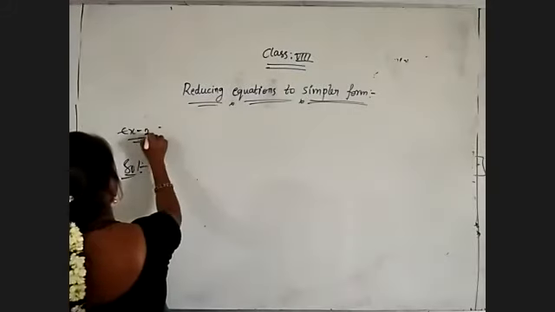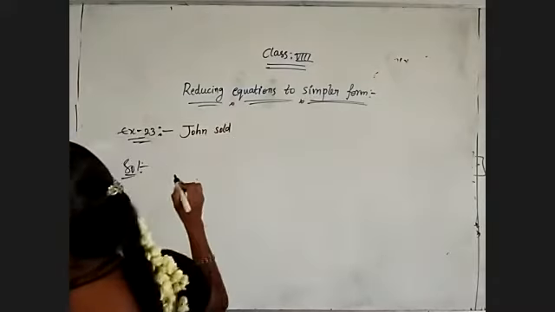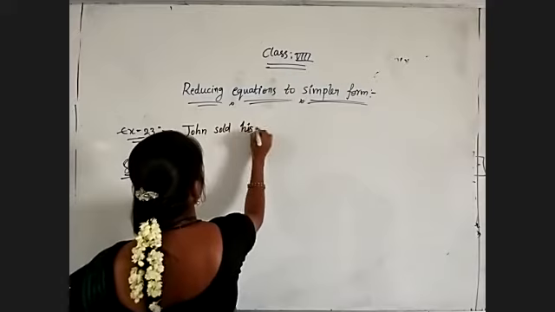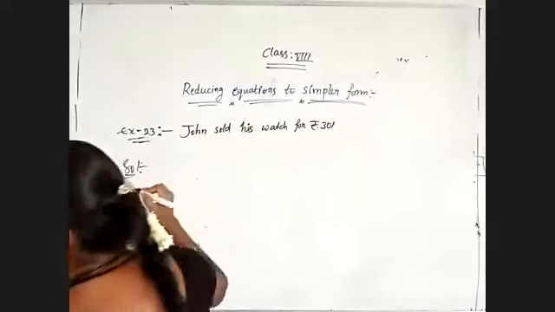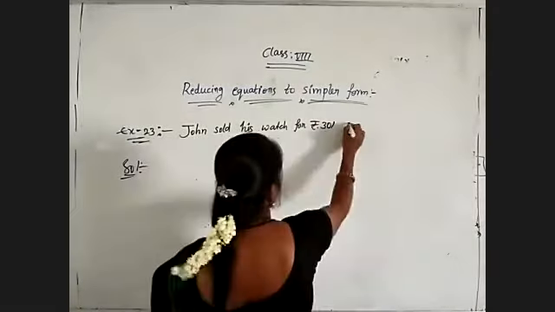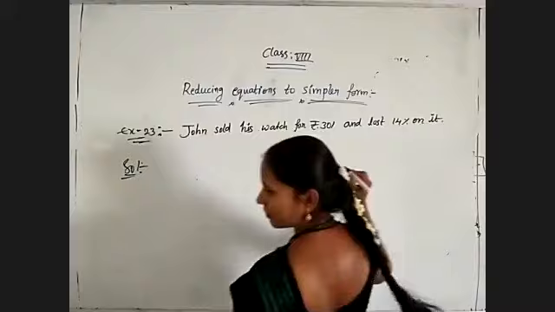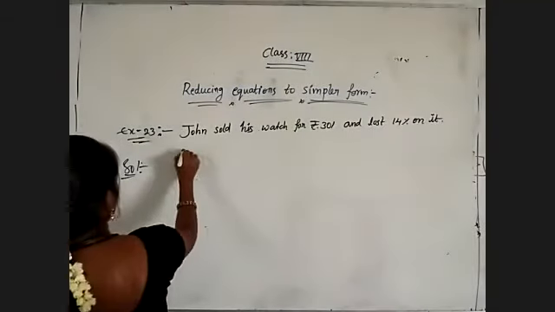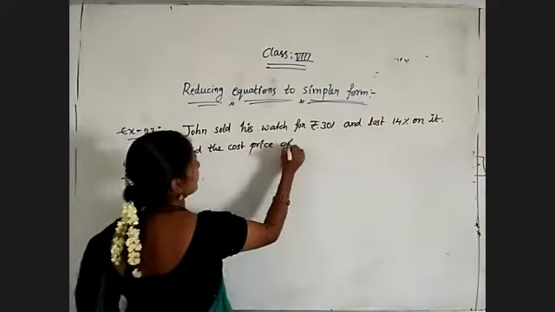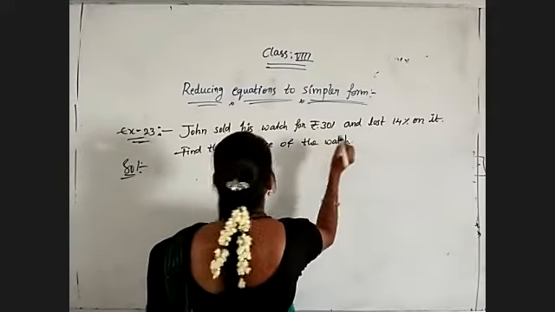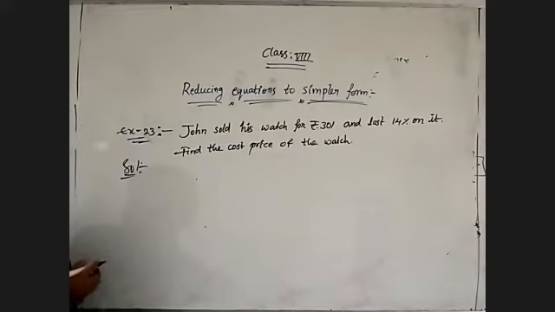John sold his watch for 301 rupees and lost 14% on it. Find the cost price of the watch. Okay, now my solution: John sold his watch for 301 rupees and lost 14% on it. Find the cost price of the watch.